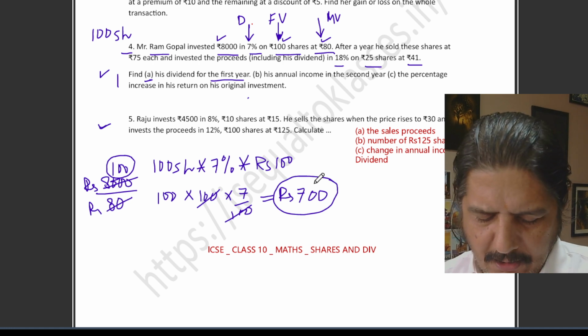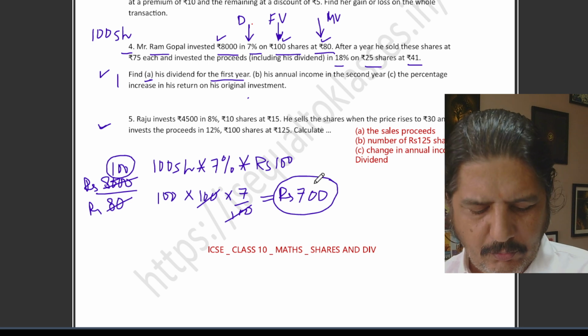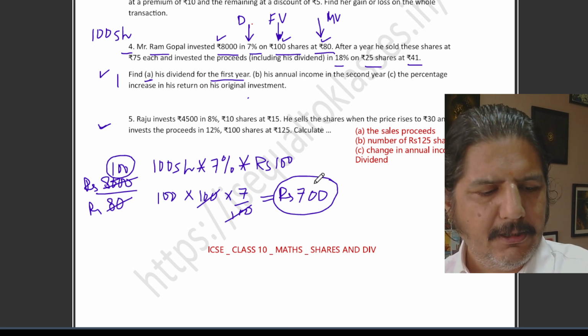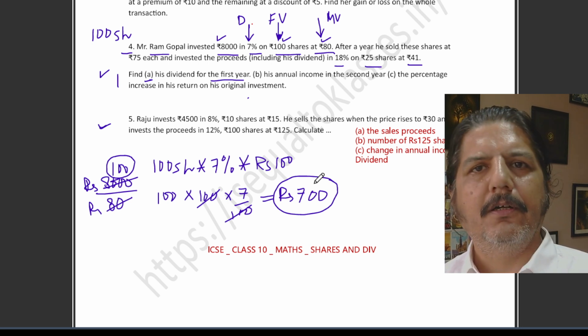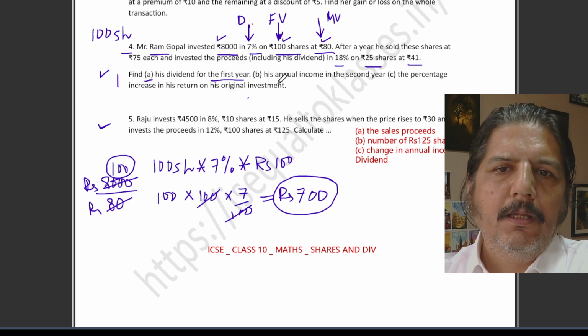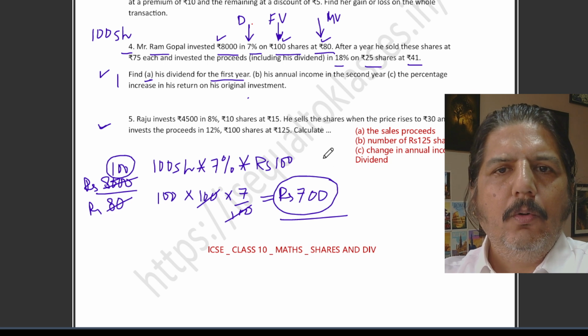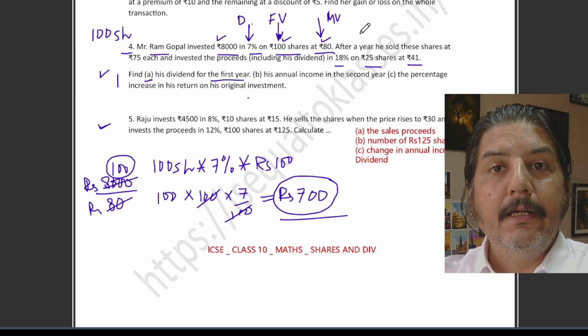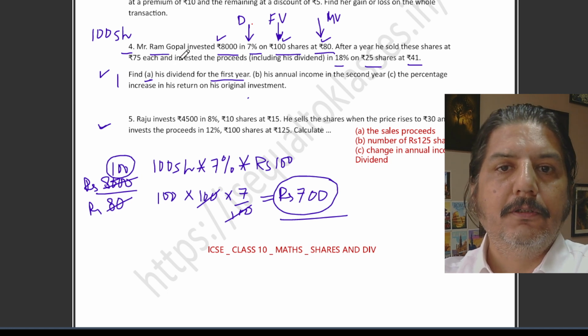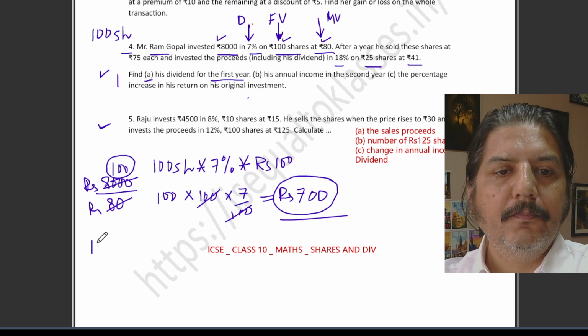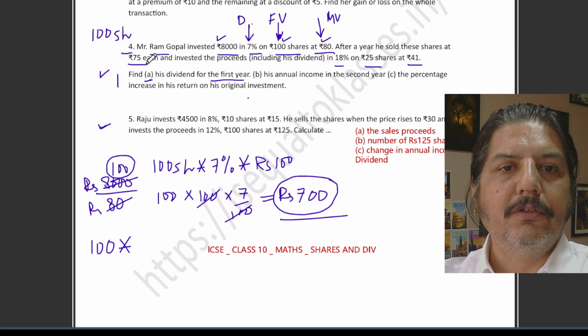So 100 shares he has bought. Let me check my solutions also. So 100 shares, yes, that is correct. Dividend is rupees 700. Yeah, it is correct. Now, what did he do after that? After a year, he sold these shares at rupees 75 each. So 100 shares, he sold at 75 each.